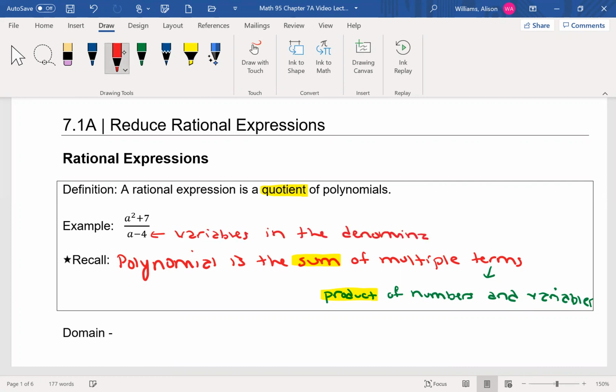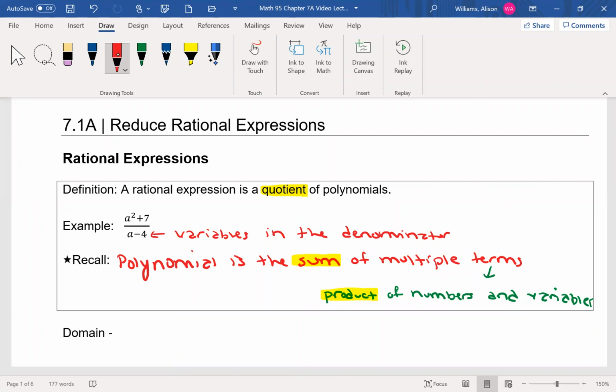And that's an important distinction because we don't really consider something like 3x over 7 a rational expression. That's because there's no variable in the denominator of that fraction.